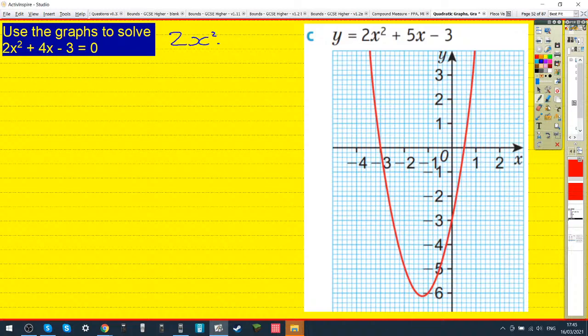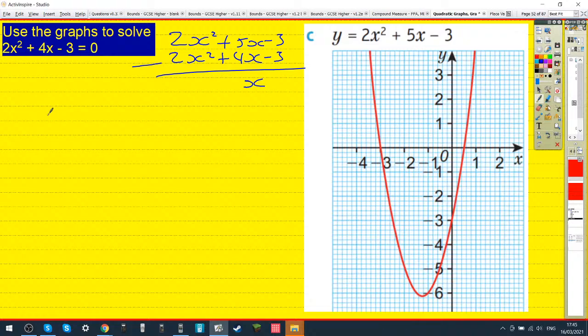If we do the graph take away the equation, what do we get? We get 1x. Correct. We get x.